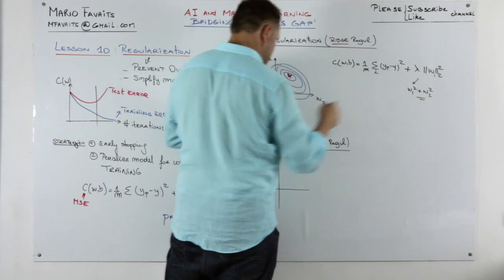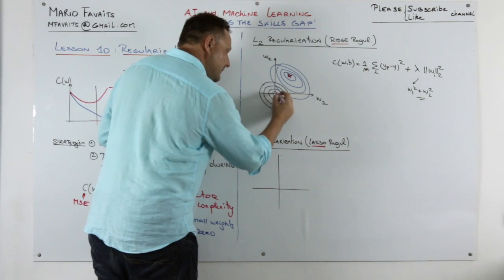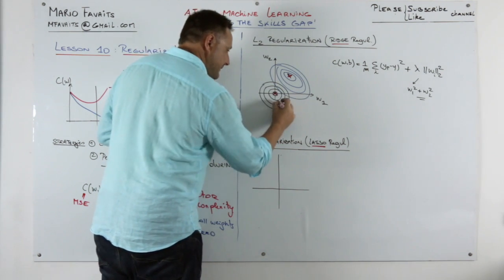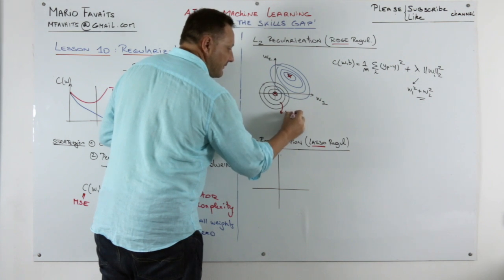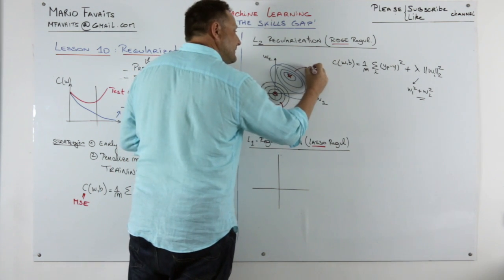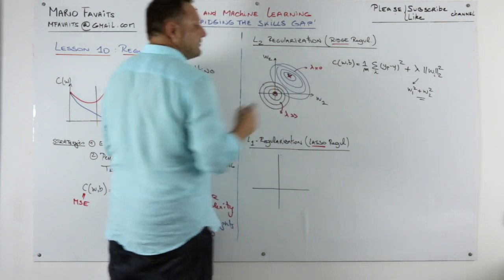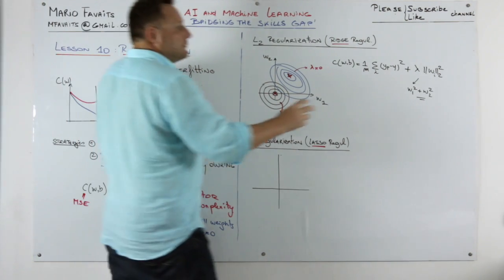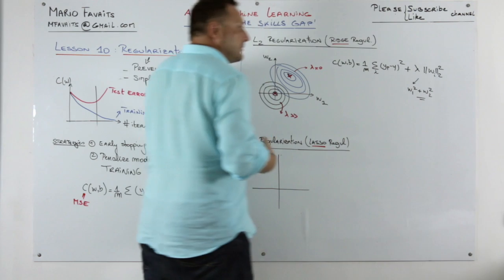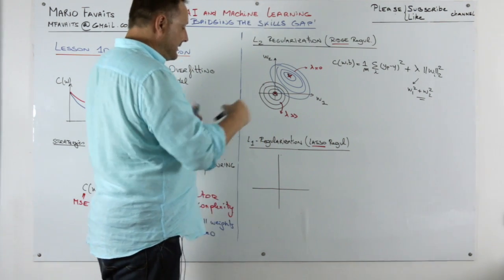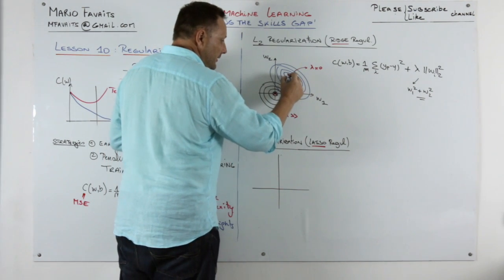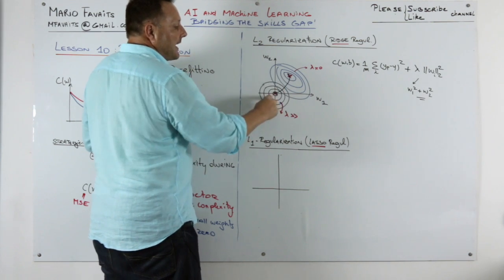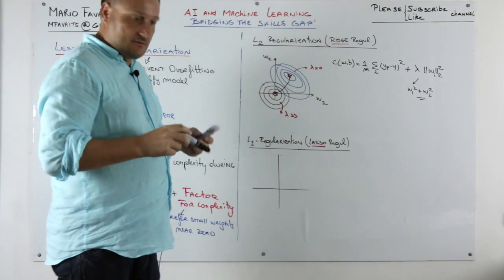It will all be about this term. Your minimum is going to be here. Yeah, this is if lambda is very, very large, and this is if lambda close to 0. Yeah. So basically, what this term and this lambda does, it gives you the flexibility to have your minimum converge on the line between these two crosses. Yeah.